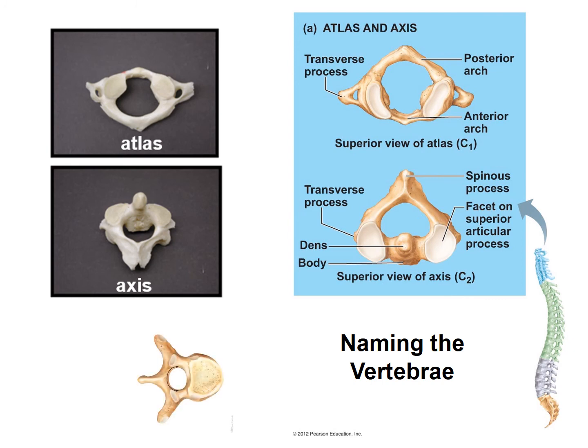The body is the load-bearing portion of the vertebrae. Here is the body of this vertebrae. It's what bears the weight. An atlas does not have a body. So those are two characteristics that will make it very easy to identify the atlas.